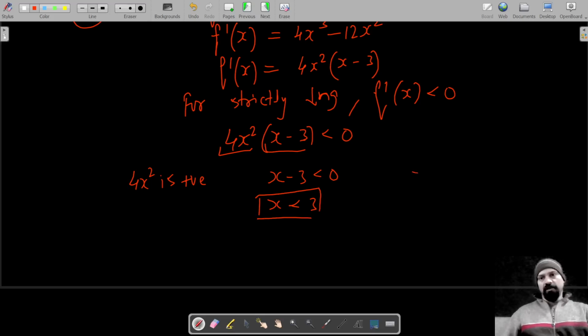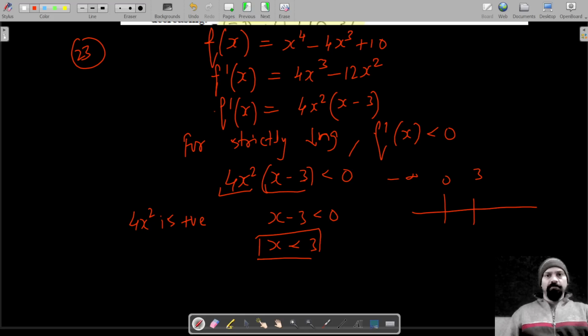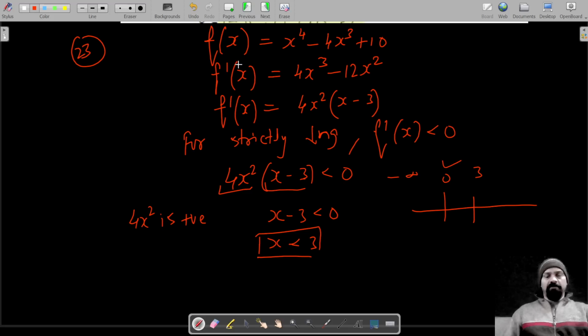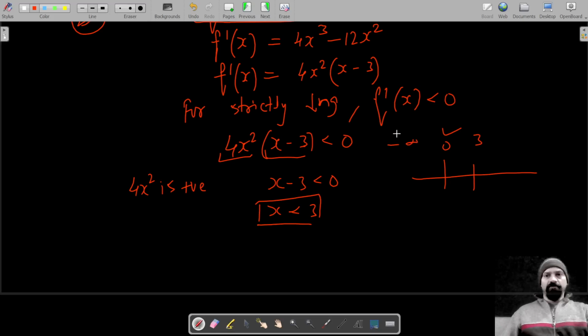So our intervals are, if we consider the number line, this is 3, this is negative, but at 0 this function becomes 0. Because if you put x equal to 0, this becomes 0, since 4 times 0 squared into something is 0.